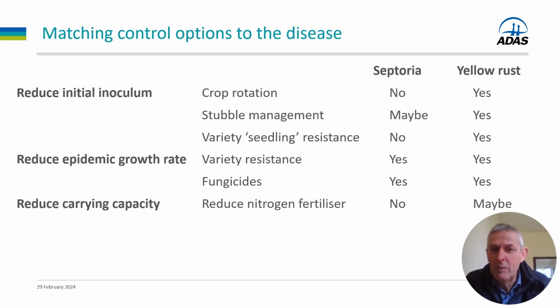We really don't have much option for reducing Septoria by managing our nitrogen fertilizer. And I've put a kind of maybe for yellow rust. Certainly it's worthwhile avoiding excessive nitrogen uptake, which may be a combination of both the release of soil mineral nitrogen from preceding crops and the application of bag nitrogen.